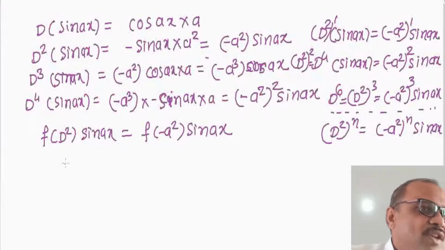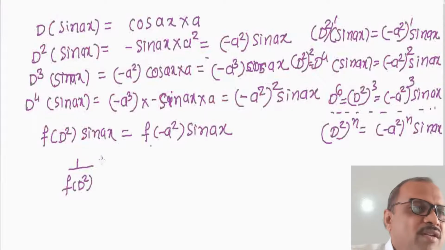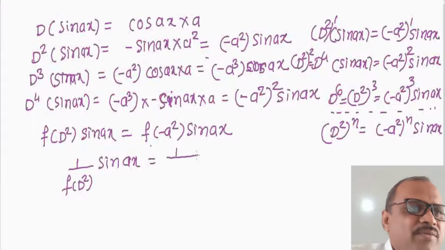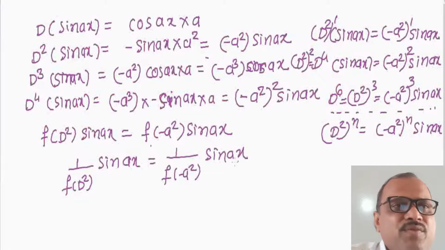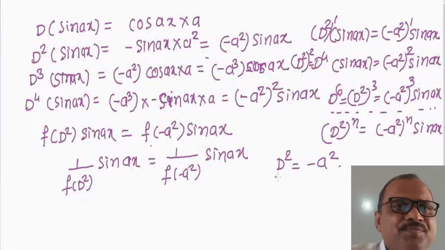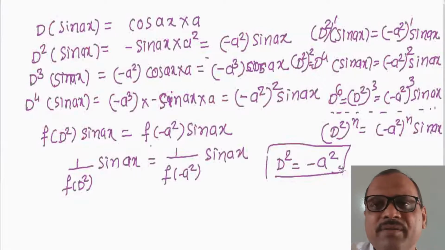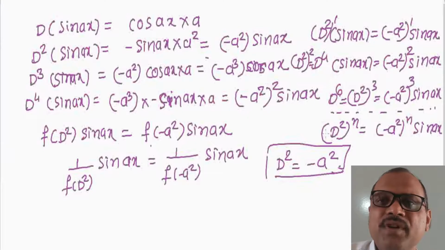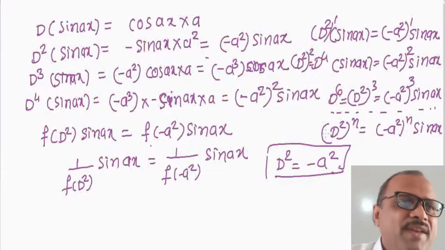Hence if we interchange this, 1 divided by f of D square operating on sine ax gives 1 divided by f of minus a square into sine ax. That means we have to put D square equal to minus a square. In short, this is the method of finding a particular integral when the function is sine of ax.